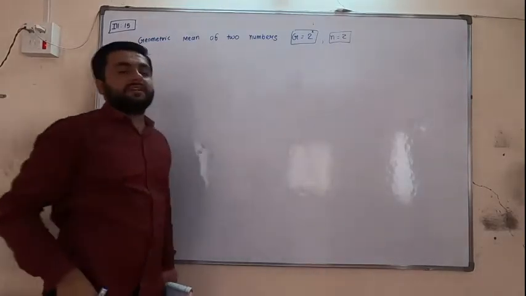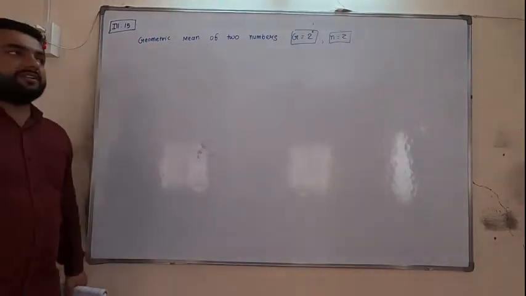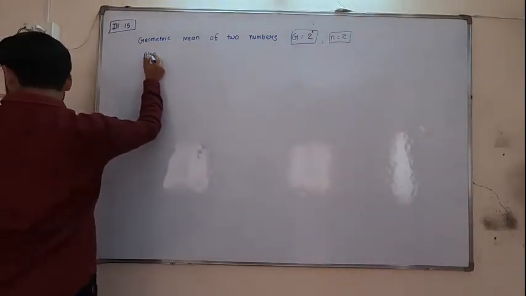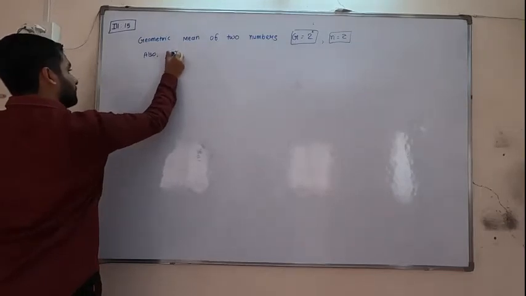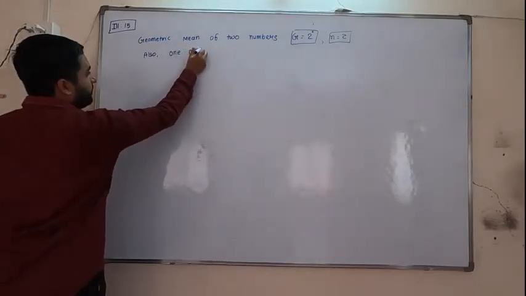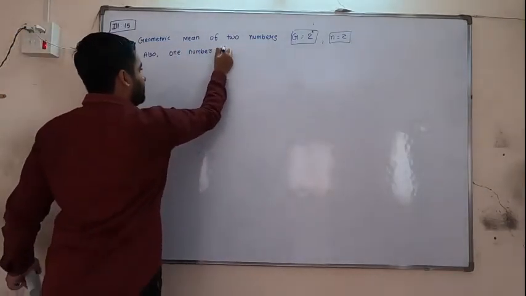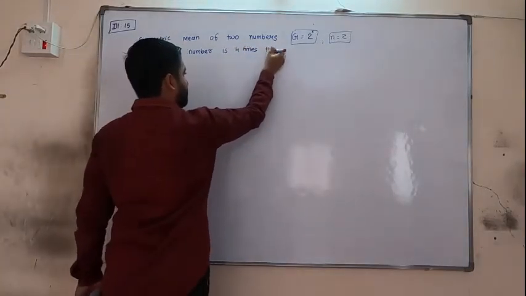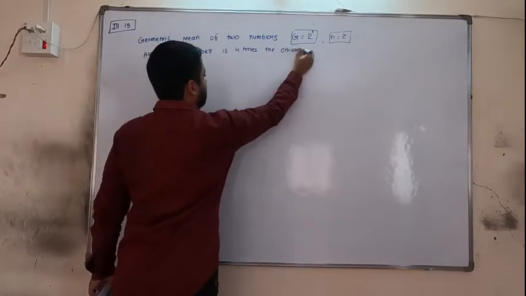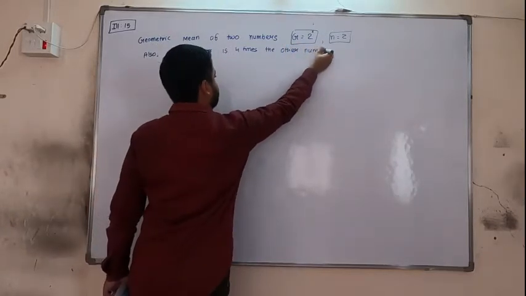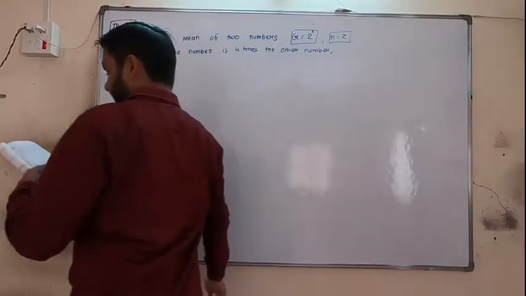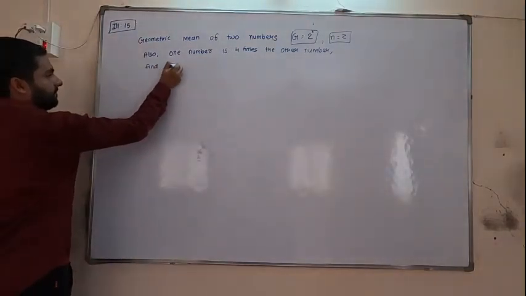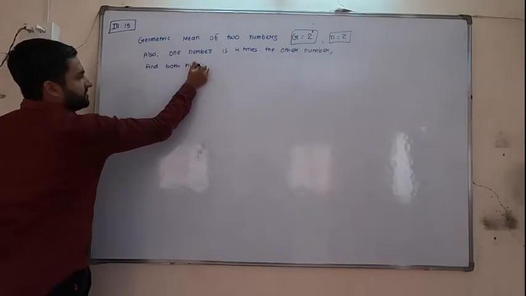Number of observations are 2 and its geometric mean is also 2. Also, one number is 4 times the other number, find both numbers.